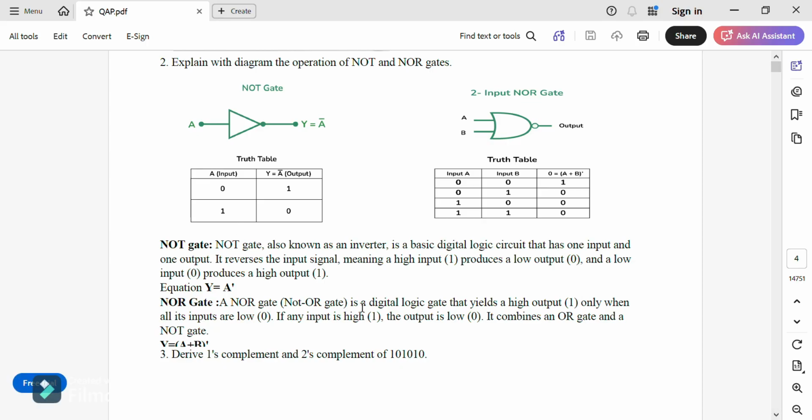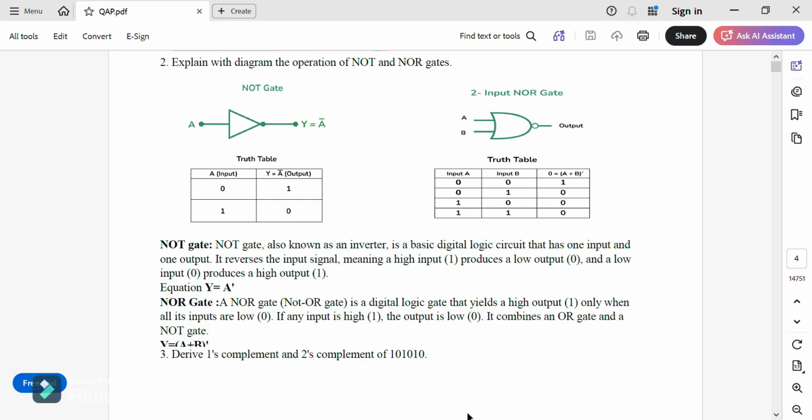A NOR gate is a digital logic circuit that yields high output 1 only when both inputs are 0. See, from this truth table you can write the whole explanation. If any one of the inputs is high, still the output is 0. Next, the equation of this Y is equal to A plus B whole bar.